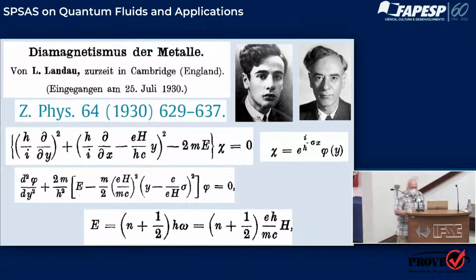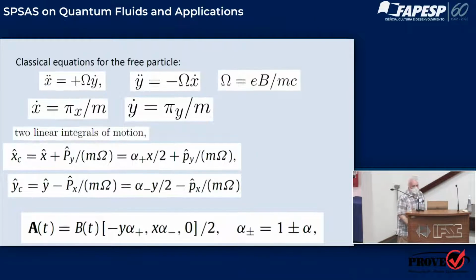And Landau obtained it. To see how he did this, we have to look at the classical equations of motion, very simple: second derivative, first derivative. If we integrate, then immediately we obtain two integrals of motion, xc, yc.